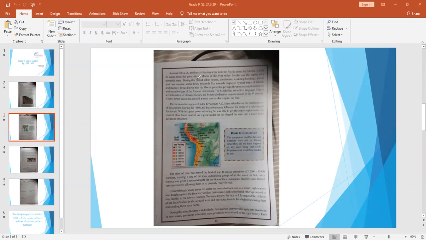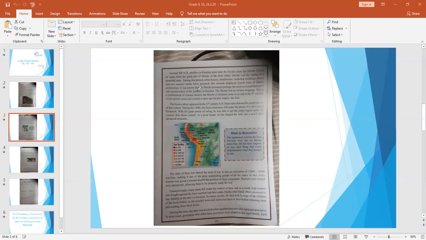During this period, urban houses, storehouses, workshop buildings, plazas, and two massive adobe brick pyramid-like mounds displayed typical traits of Moche architecture. It was known that the Moche were perhaps the most accomplished artists and metalworkers of the Andean civilization.